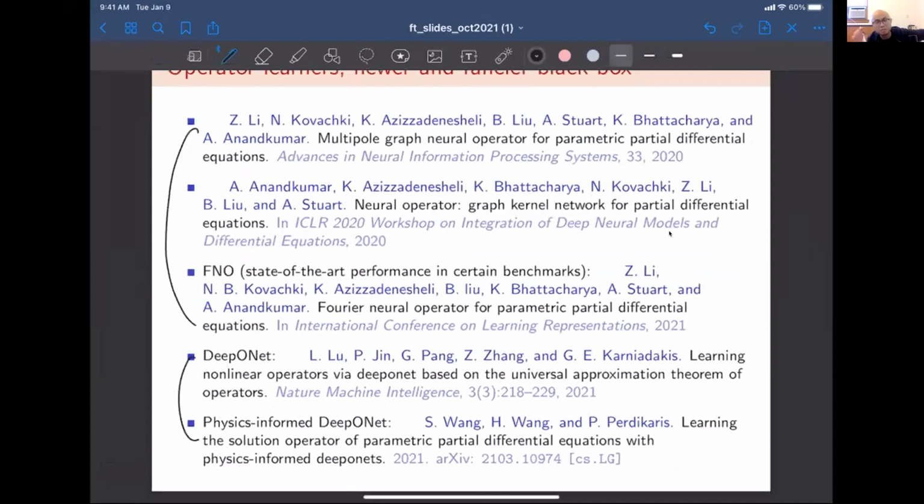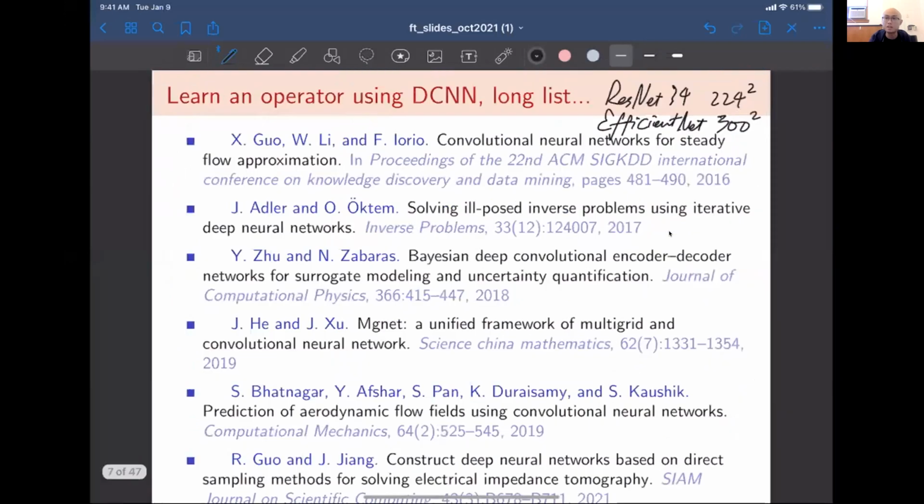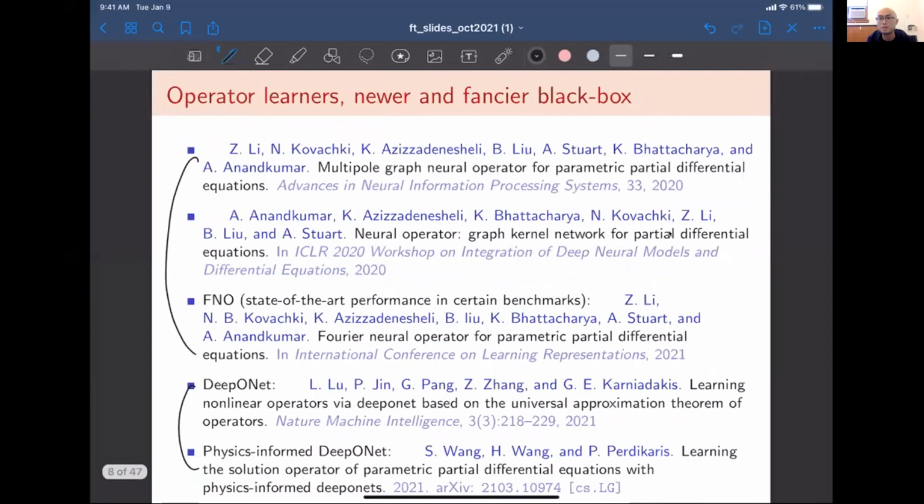So there are two groups of people aiming to train a fancy black box model to remedy this drawback of CNN. Our model shouldn't be at a fixed resolution. The first I list is the Caltech group. They claim that in their last year's paper, the Fourier neural operator, they achieved state-of-the-art performance.